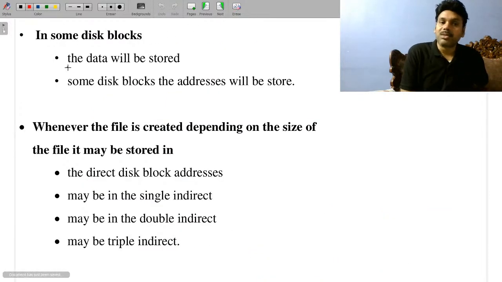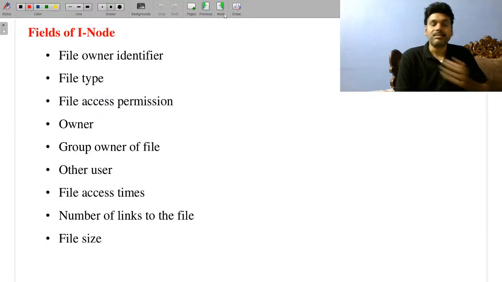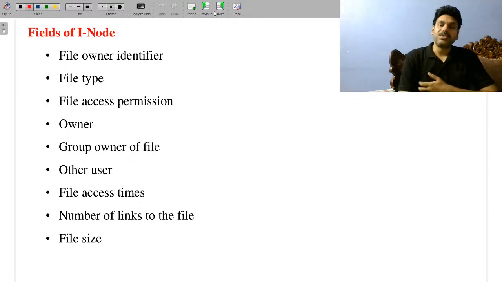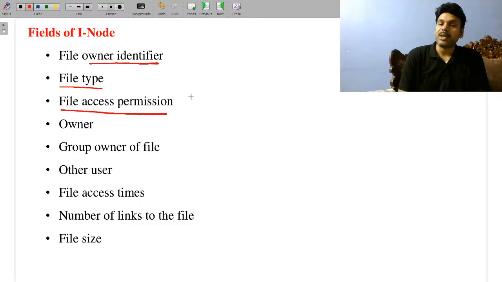So in some blocks data will be stored, in some blocks addresses will be stored. So we have direct data, single indirect data, double indirect data, triple indirect data. These are the attributes which are there in your inode structure. Who is the file owner? What is the type of the file you are accessing? What are the file access permissions?